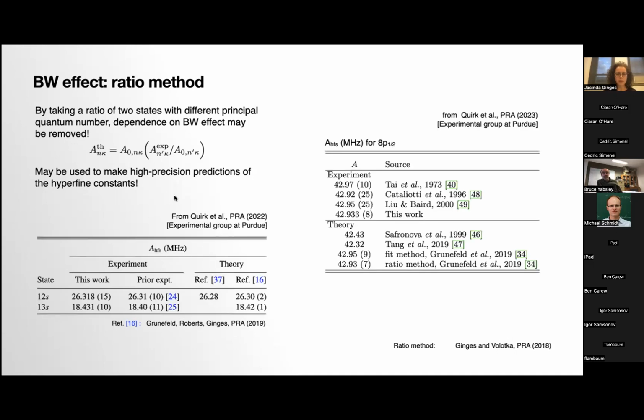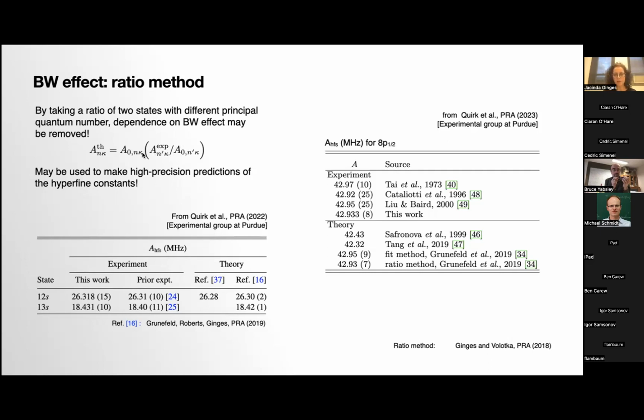So that ended up stimulating a number of new experiments by the Purdue group, and they did measurements for the high states, 12s, 13s, and 8p-half for cesium. There's a couple of things to note. With this ratio, you can do two different things.